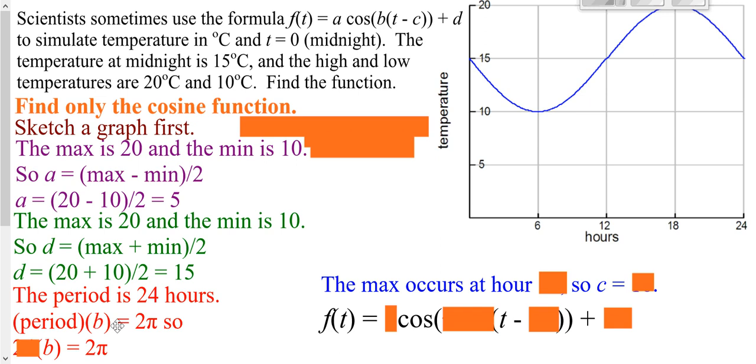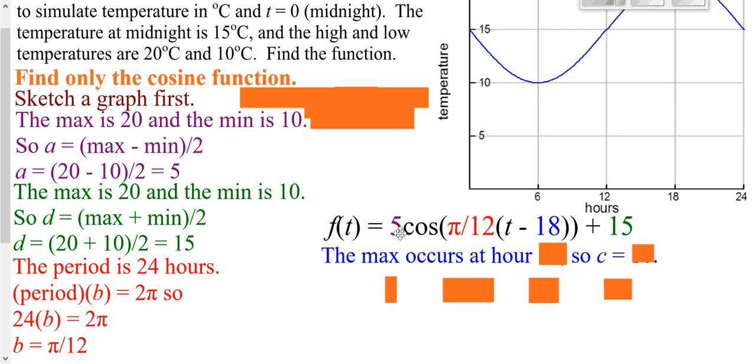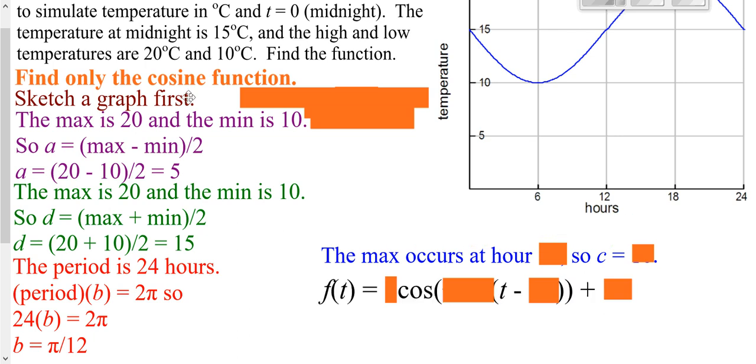Period times B is equal to 2 pi, so we plug in our period being 24. We solve it for our B value and we get pi over 12. So we put in our A value, put in our B value, and plug in our D value.